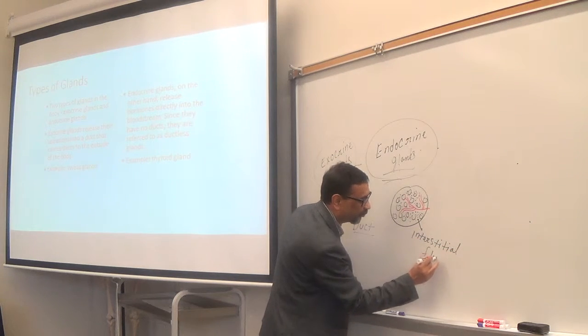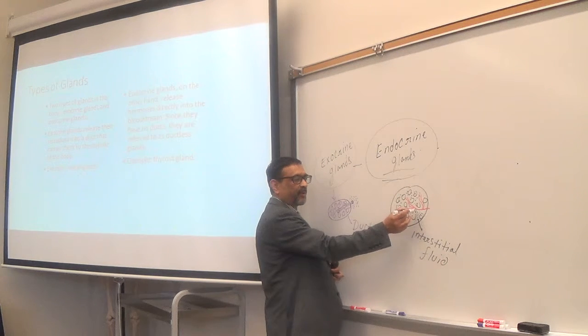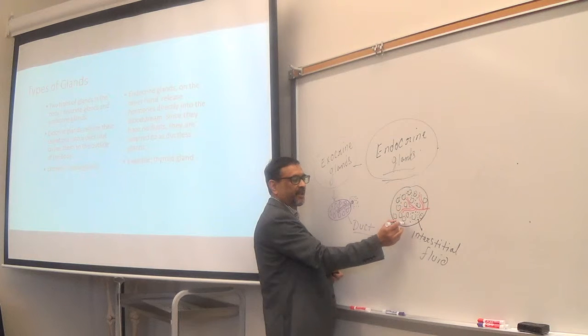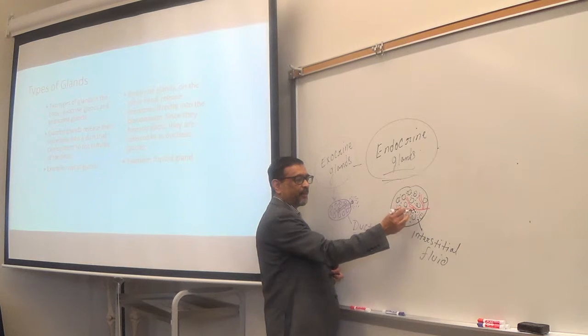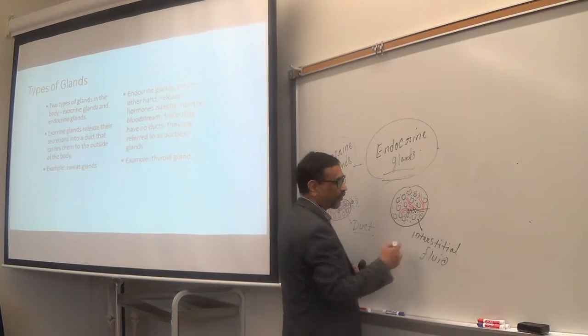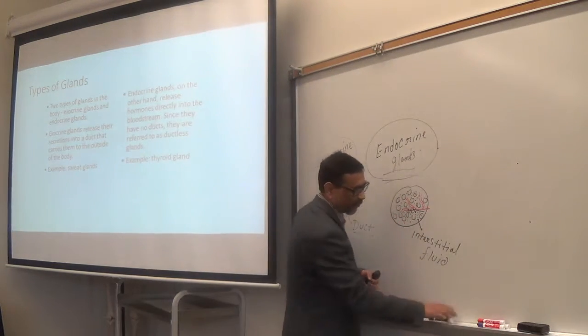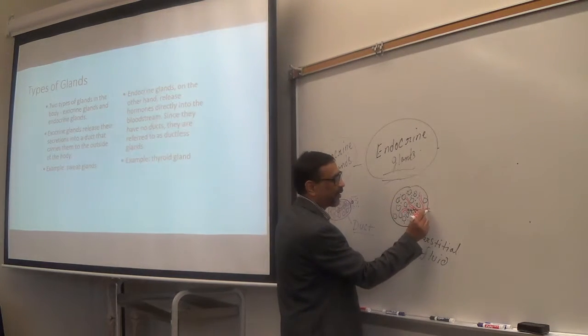First these cells secrete the hormone into the interstitial fluid, and from there the hormones enter into the blood. Then the blood will take the hormone to the outside.